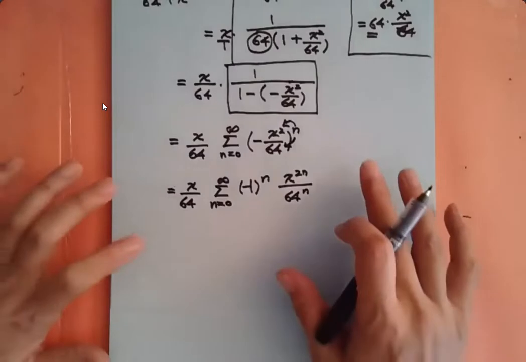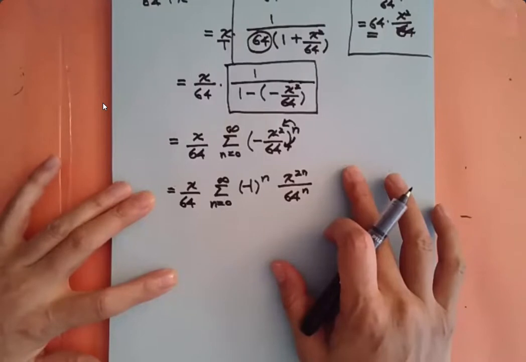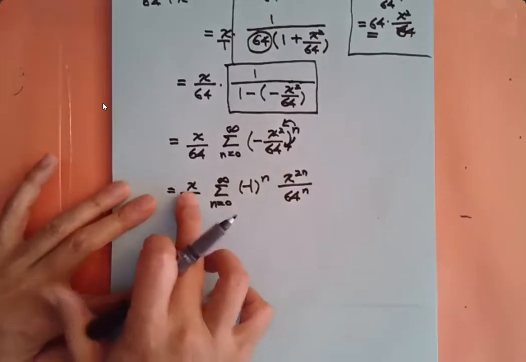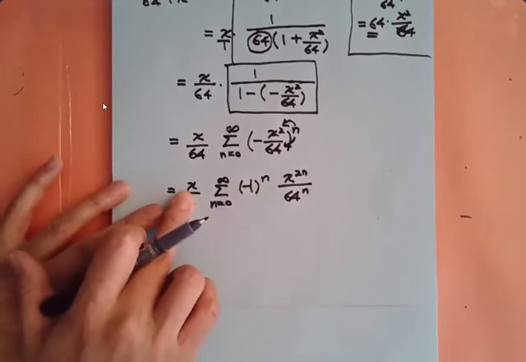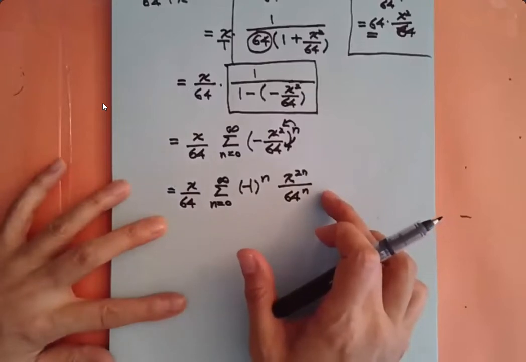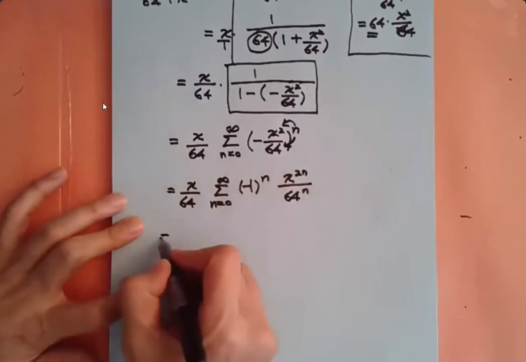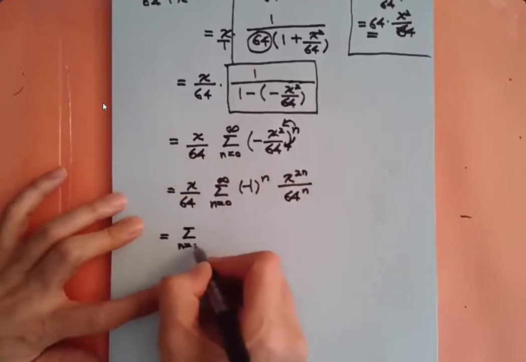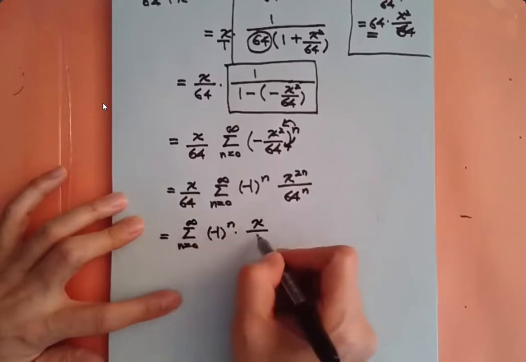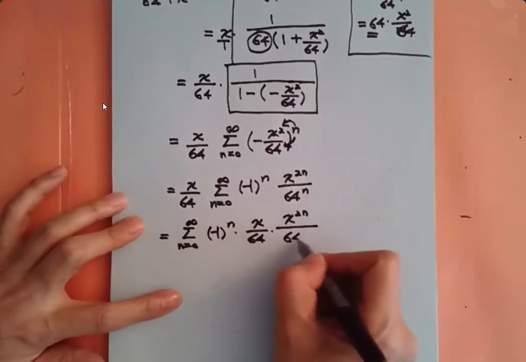What we know is that at a certain interval, this series must be a convergent series, and x is a random number inside of that. Because we are thinking about a convergent series, you can put this back to here. So we can rewrite that as the summation n equals 0 to infinity, negative 1 to the n power times x over 64 times x to the 2n power over 64 to the n power.